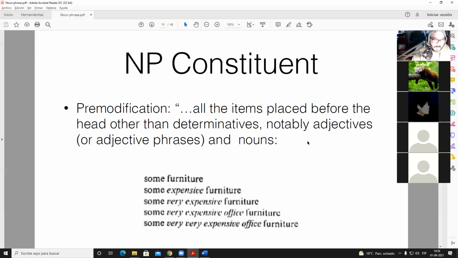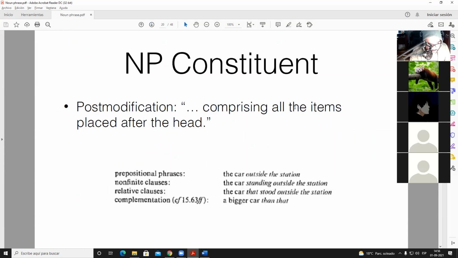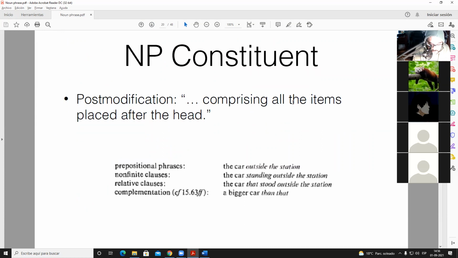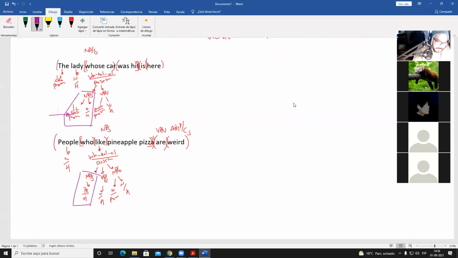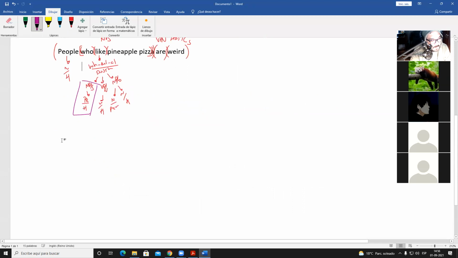Okay, I'm going to move. I won't say much about this. Okay, this is the biggest part today. Noun phrase constituents, post modification. These are the things that might happen after the head, right? As you can see, after the head, we can have further units, and we call them post modifiers.